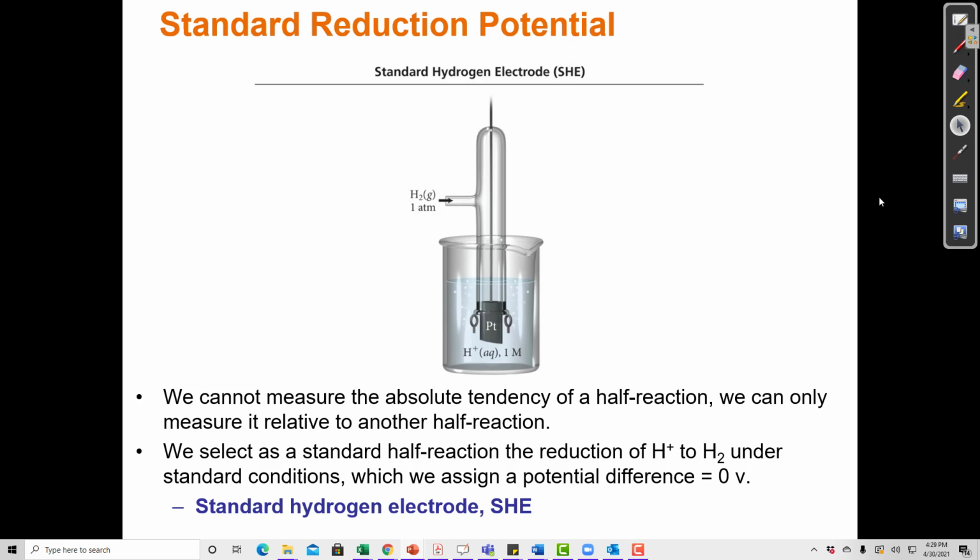Water freezing is one thing that freezes, but there's lots of other things that we could have called 0. So in the same way, this H plus being reduced to H2 under standard conditions isn't special. We just chose that reaction to say we're going to set this to 0, and we're going to set everything else relative to this.